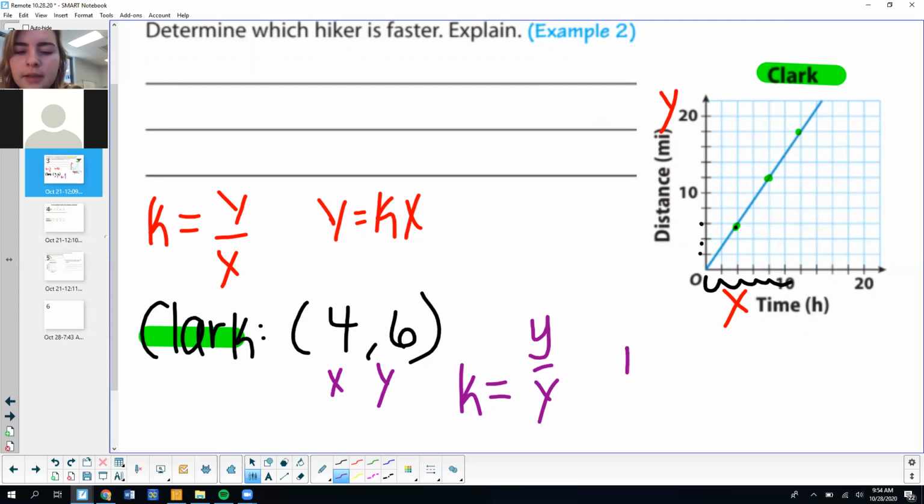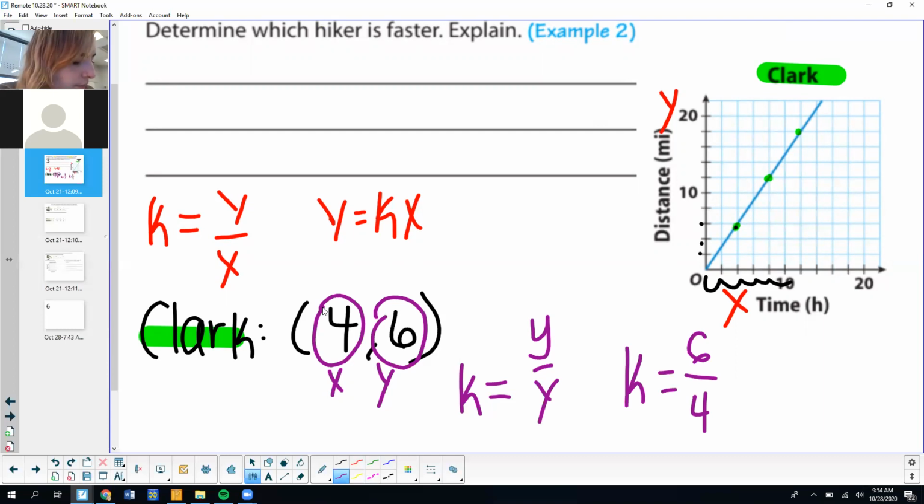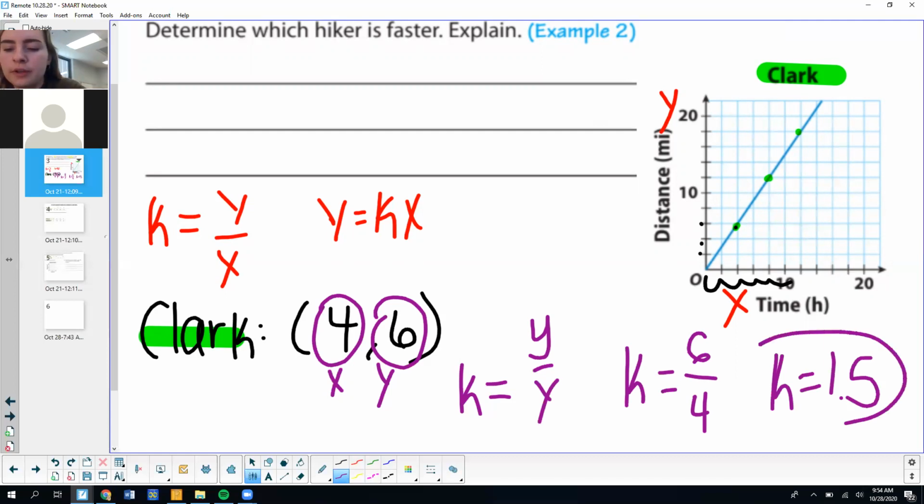So k equals 6, because that's my y value, divided by 4, because that's my x. 6 divided by 4 is 1.5. So k equals 1.5. So 1.5 is Clark's speed or rate or slope or rate of change. That is his pace.